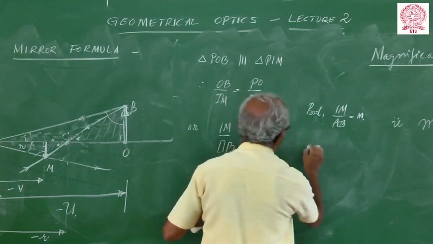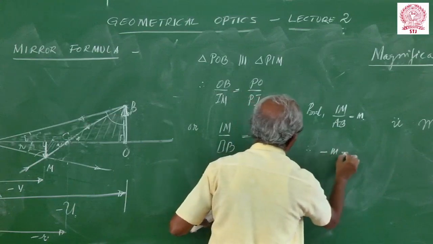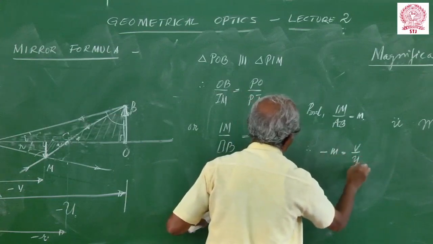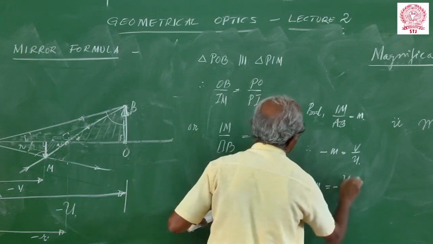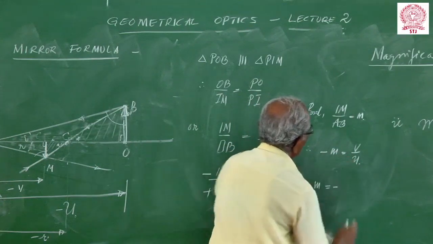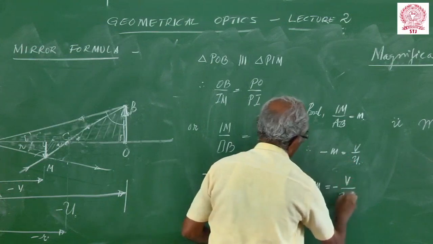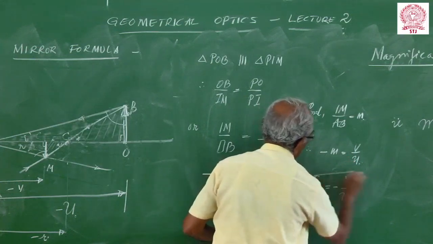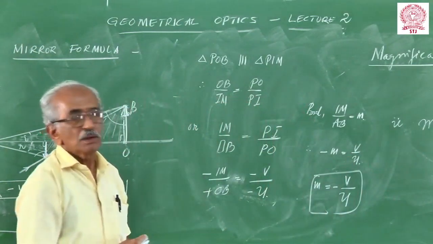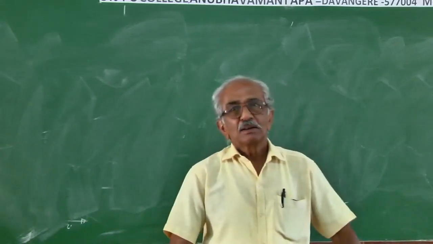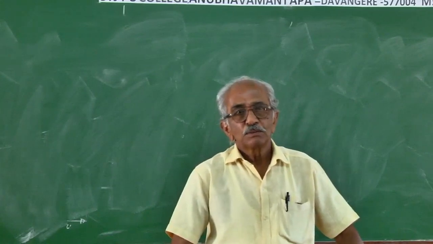Therefore, minus M is V over U. That is, M for a concave mirror is minus V over U. This is the expression for the magnification. That's all for the day. We'll continue next class.